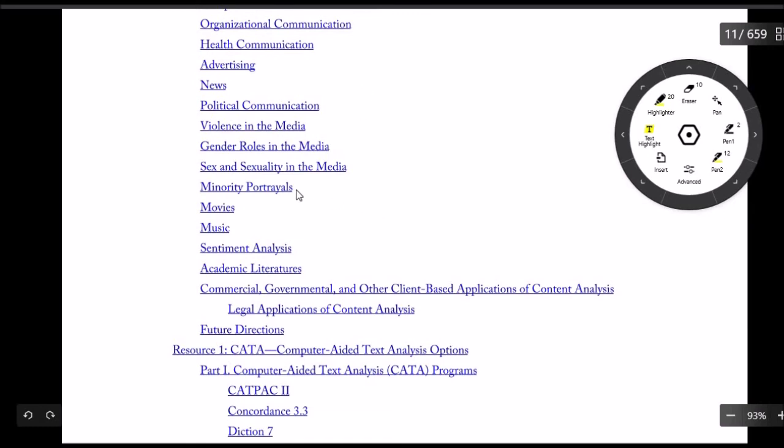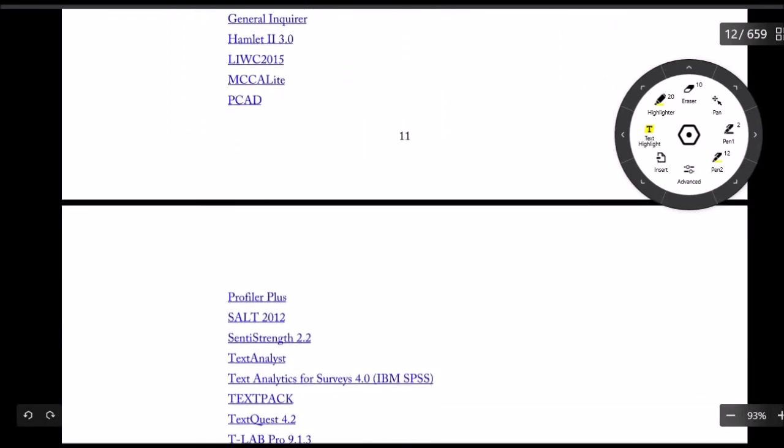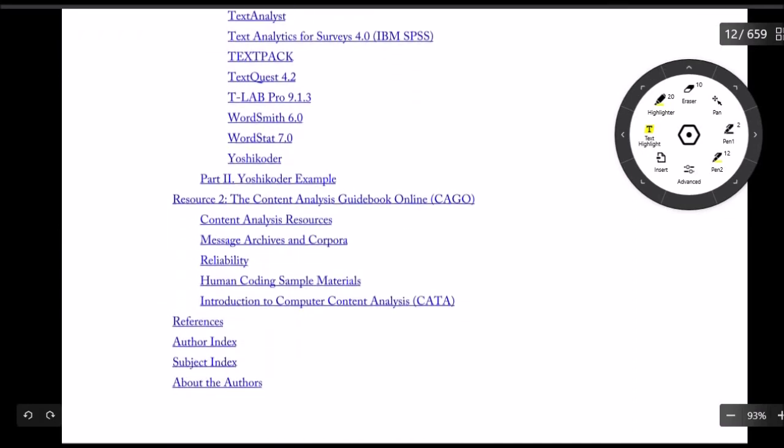Apart from that, the list is very huge, and depending upon that, I would be sharing some other things also which can be added. For example, you're talking about minority portrayals like movies, music, sentiment analysis, and now we know that with sentiment analysis there are so many ways in which you can do it and take care of it.